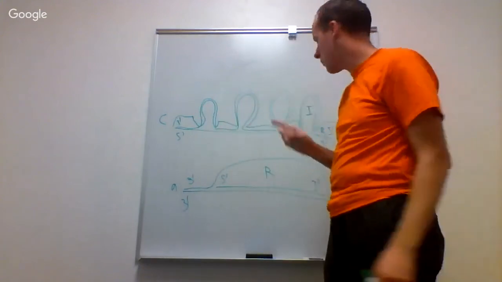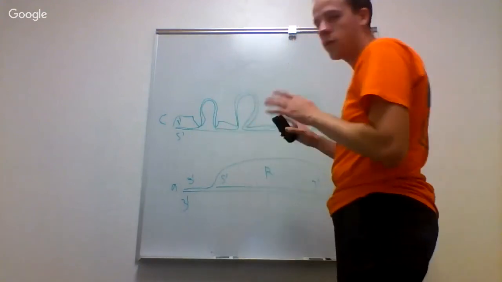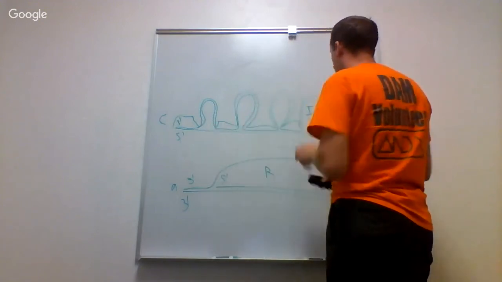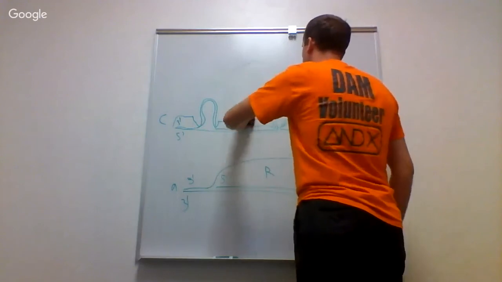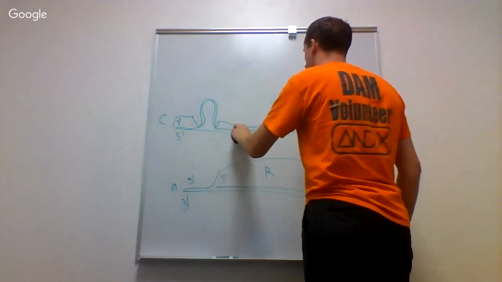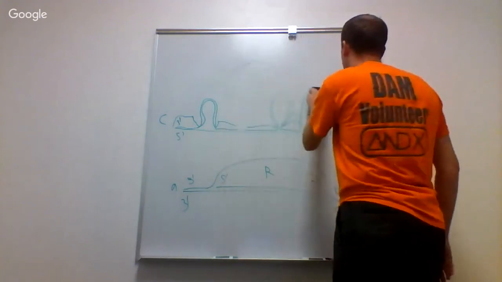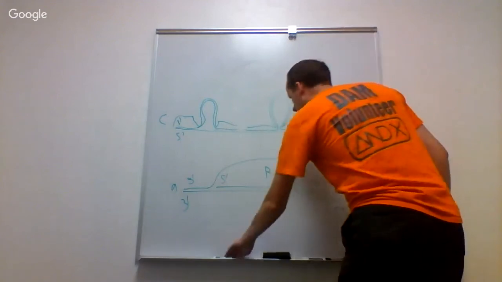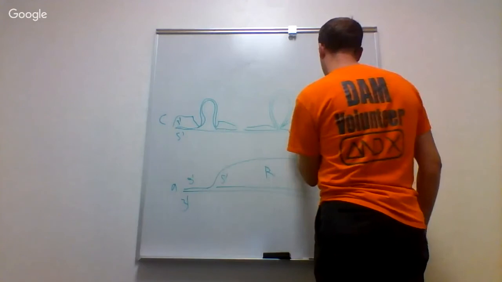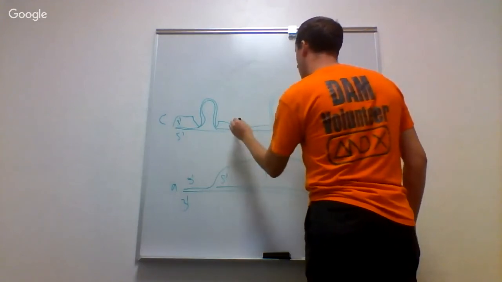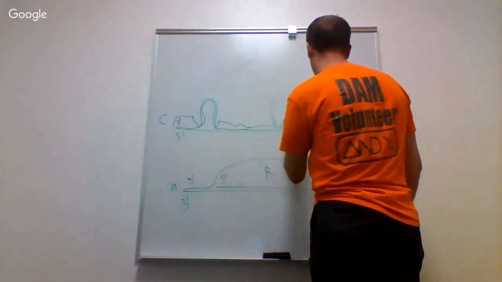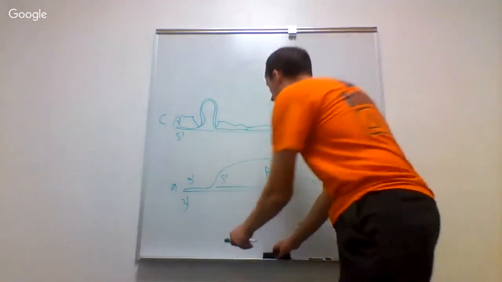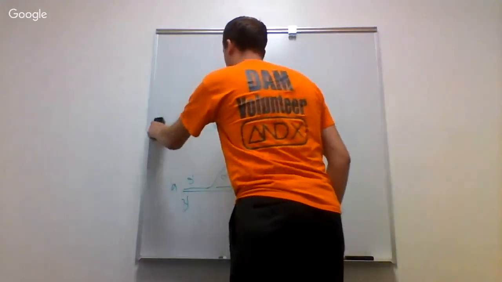So now this one, we had the same things before, but instead of it only being the first one, it's the second and fourth one that go flat. Those are the ones that have a defective spliceosome, so they go flat. Okay, and that's it for part B.